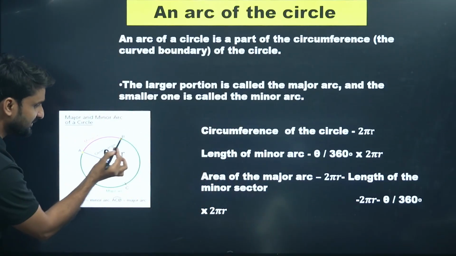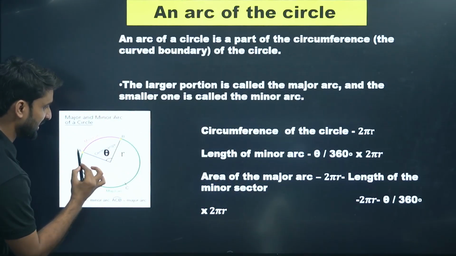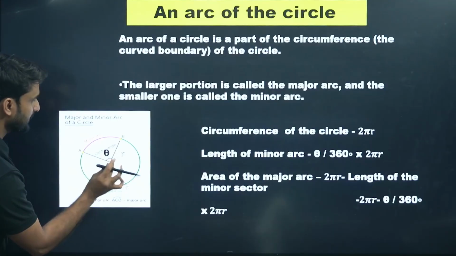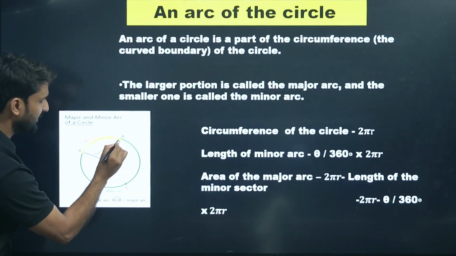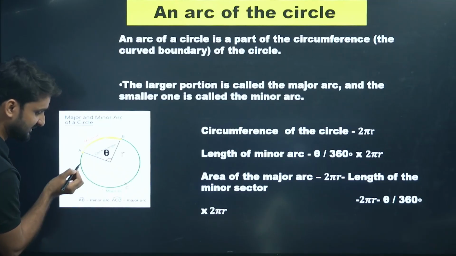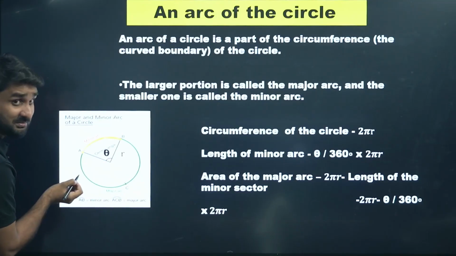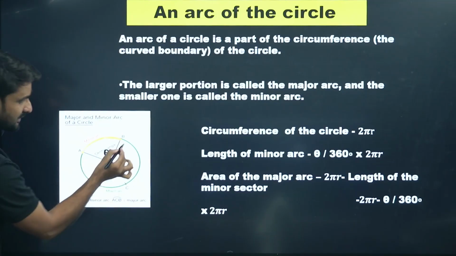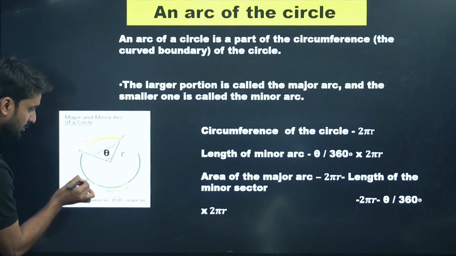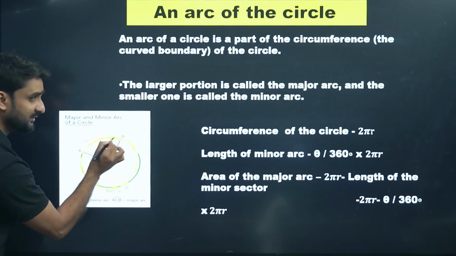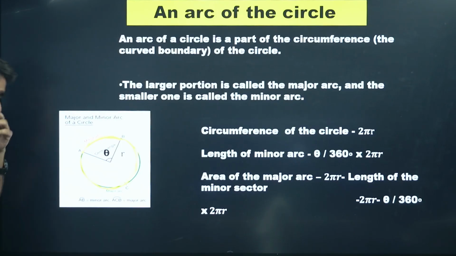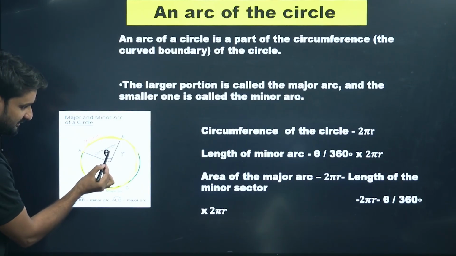So the points are A and B. So this is minor arc, right? And the remaining part of the circumference is called major arc, because this is the larger part. This smaller part is called minor arc, right? This is the central angle, which is theta here.